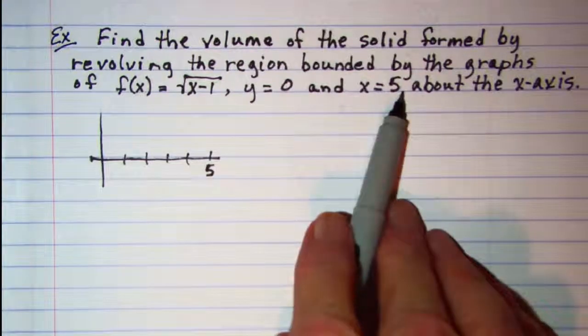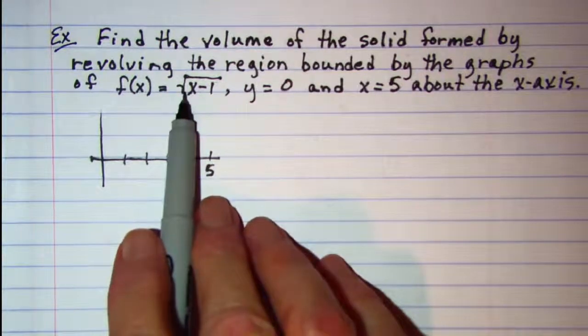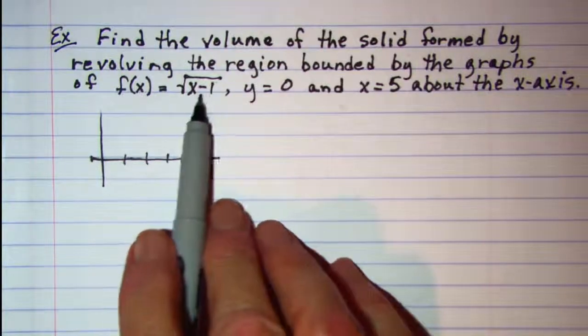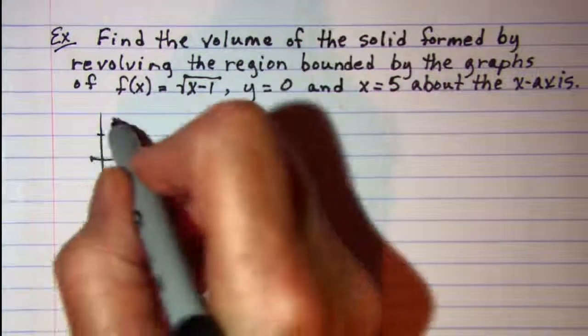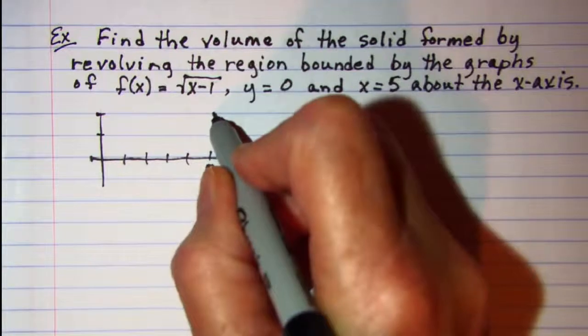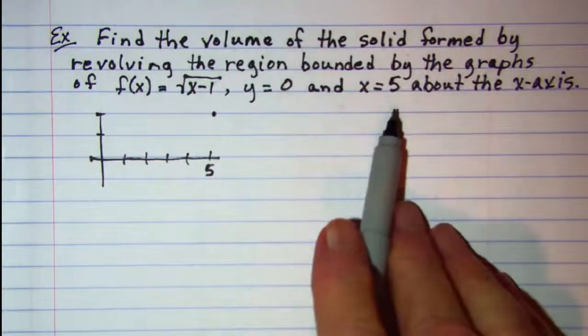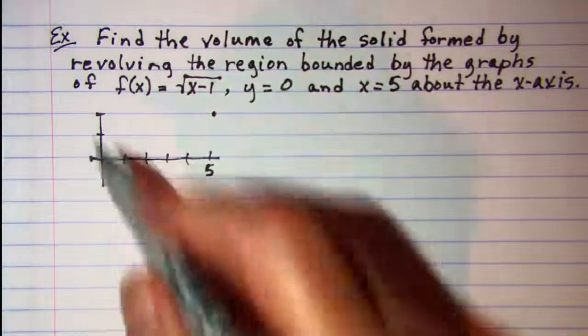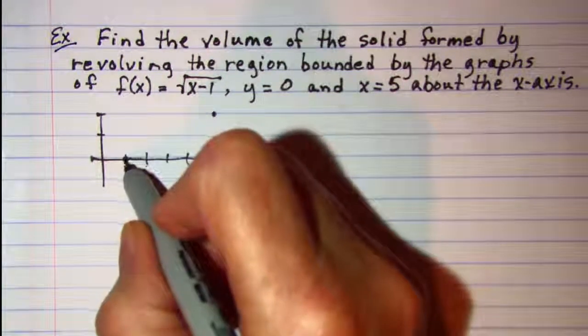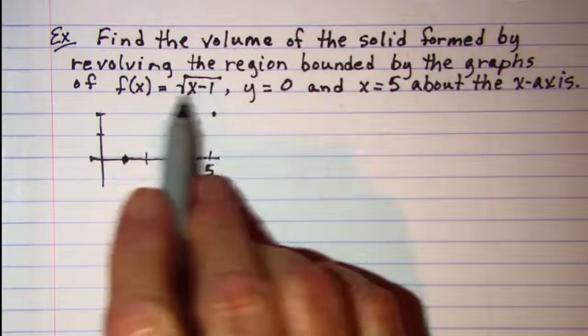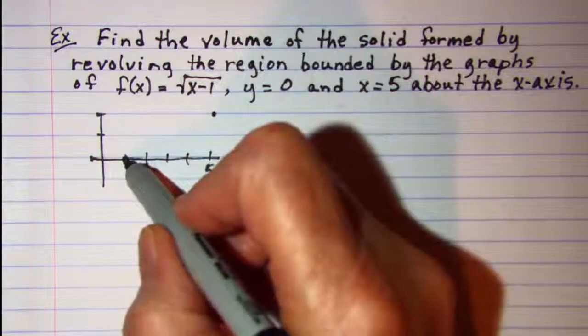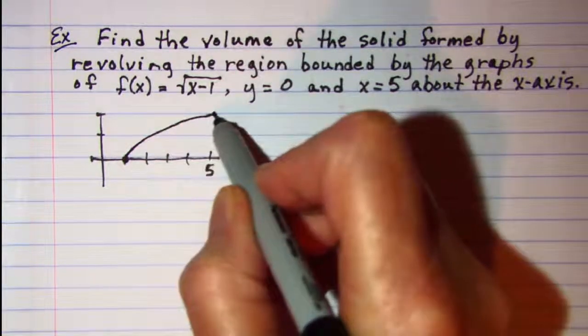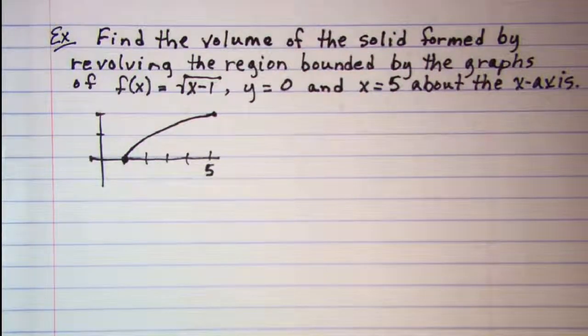When x equals 5, we have the square root of 4, which is 2. And when x equals 1, we have 0. So our function right here, f of x, is the square root function that looks like that.